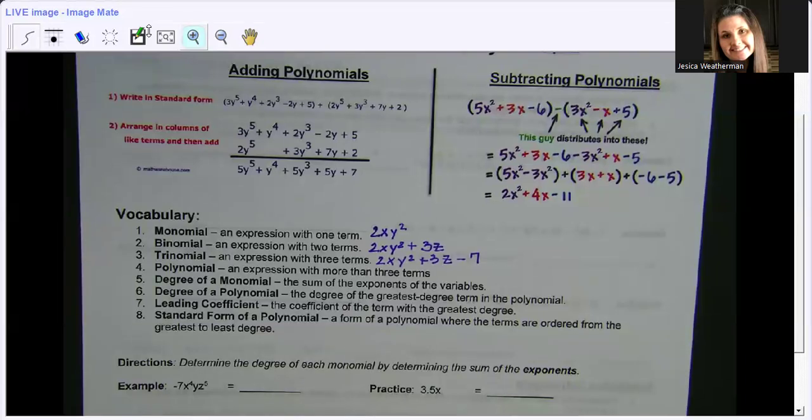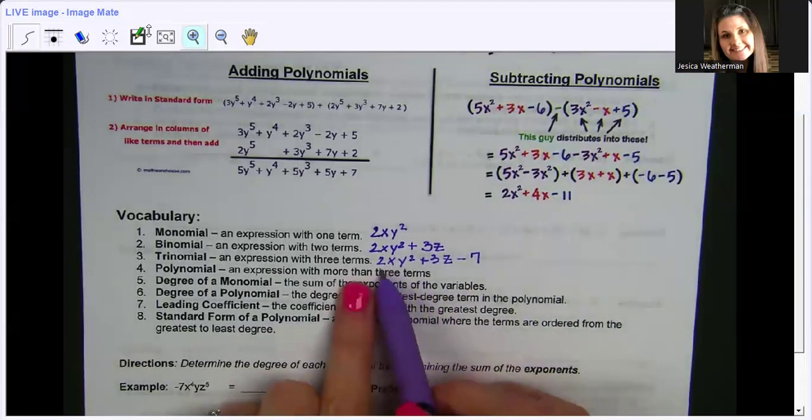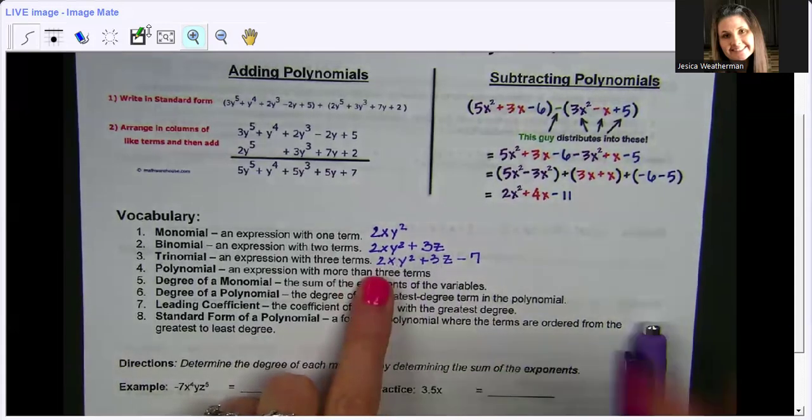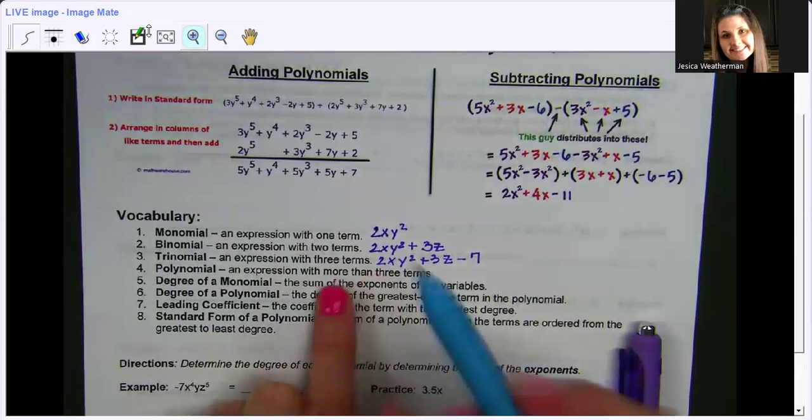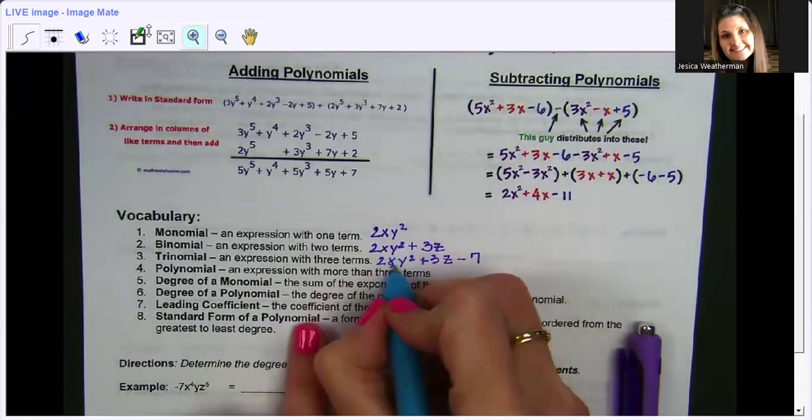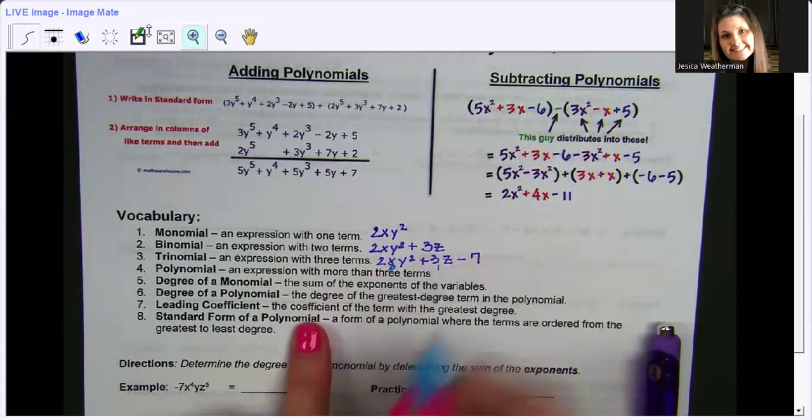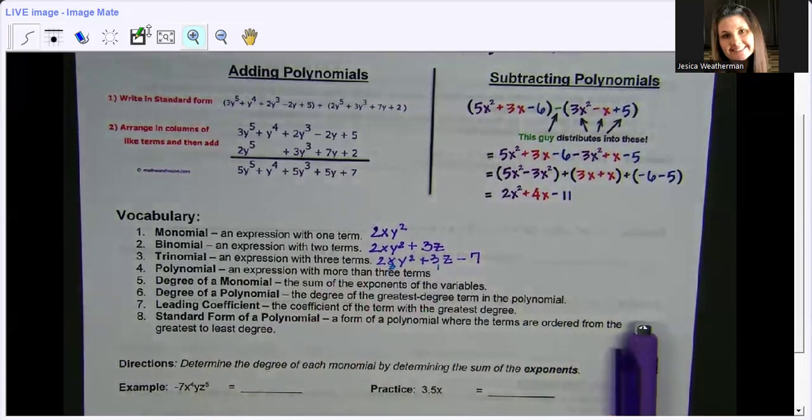So for example, if you look right here, the degree for this is 3, right? The degree for this one is 1. So because this monomial, the first one, has a degree of 3, that would be the degree of the entire polynomial. Okay, and I'll show you what that looks like in just a second.